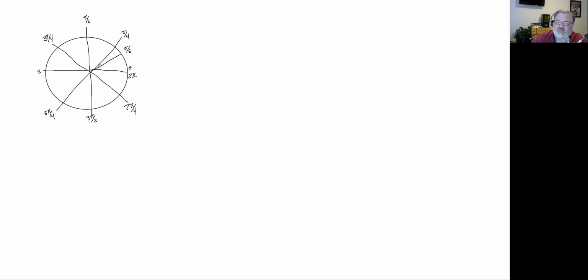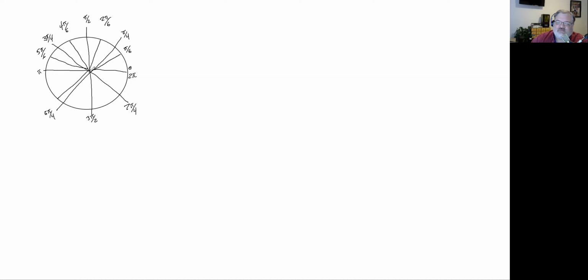So that would be 1 pi over 6, 2 pi over 6. I'm going to write it up here because we will reduce it in a minute. Then 3 pi over 6. 3 over 6 would reduce to the 1/2. 4 pi over 6. 5 pi over 6. And 6 pi over 6 reduces to that pi.